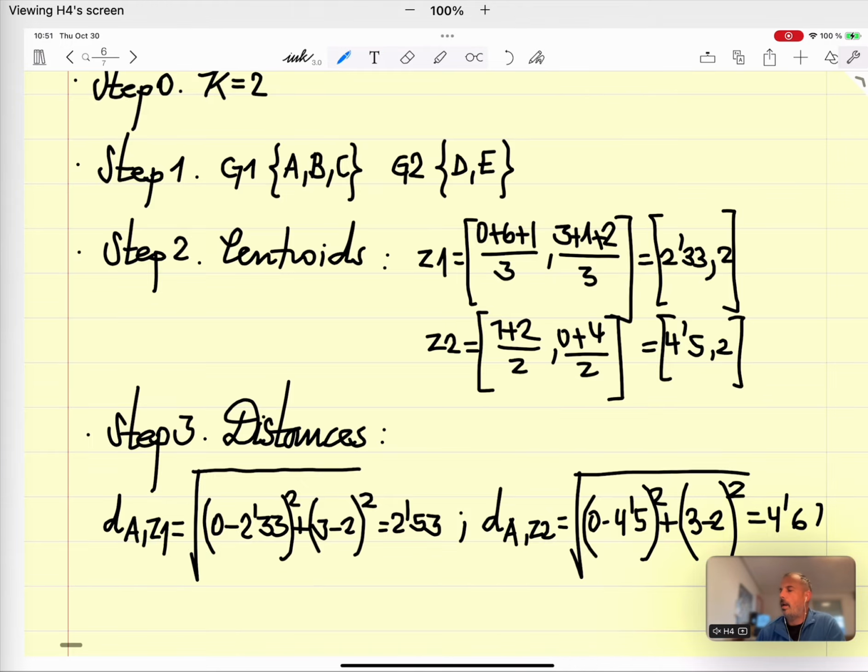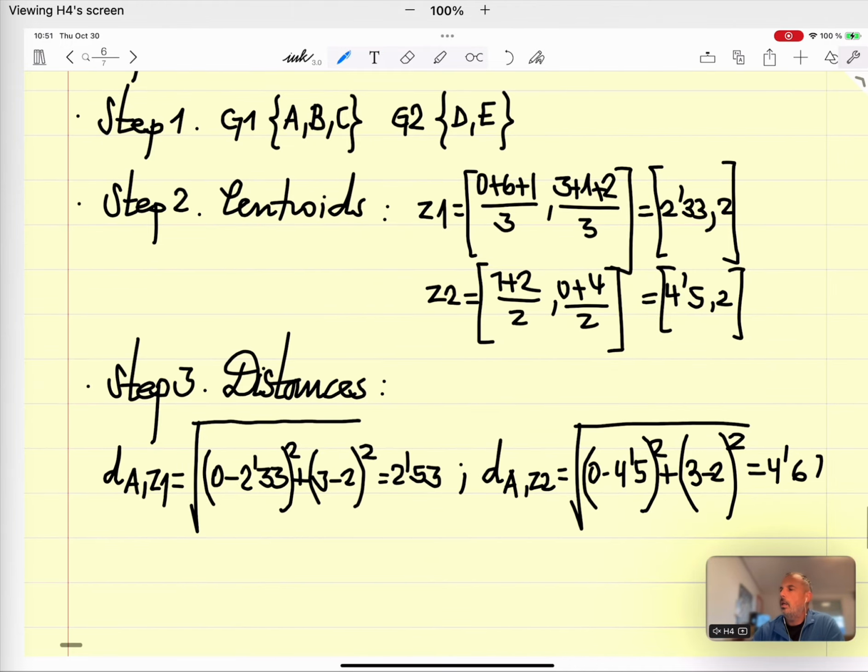All right, so the distance to the first group from A is smaller, so A belongs to the first group.